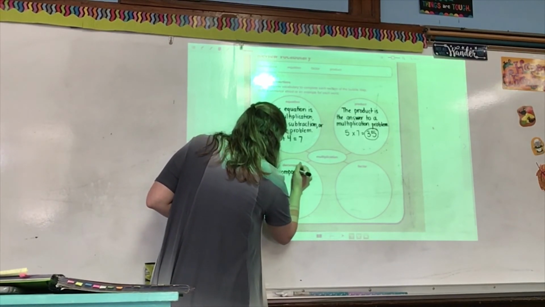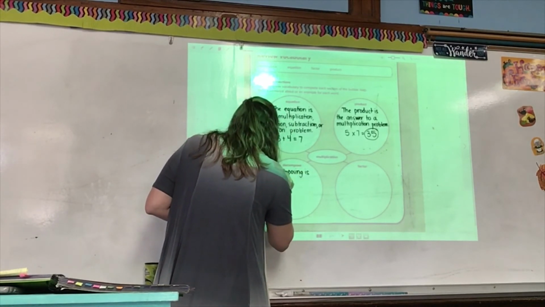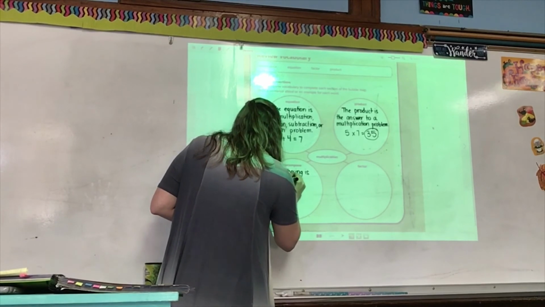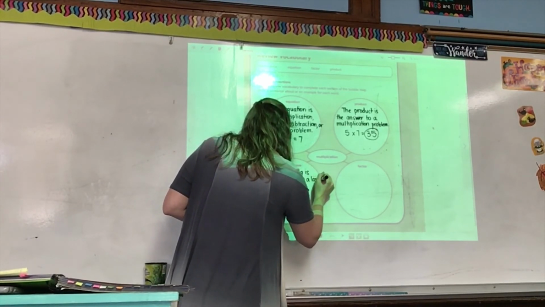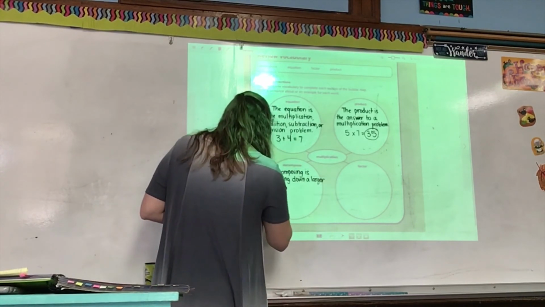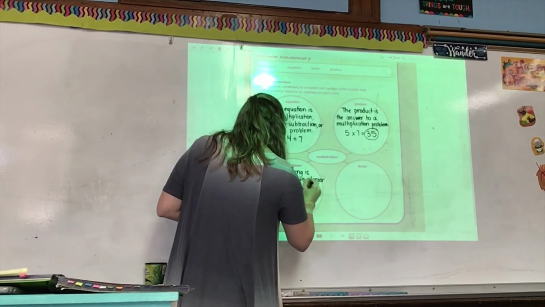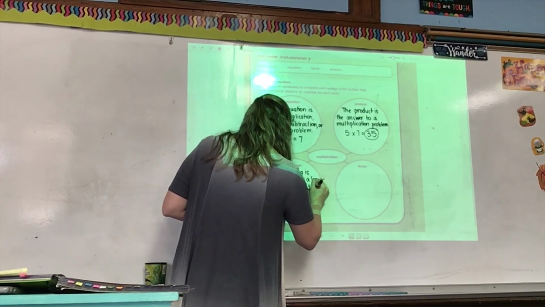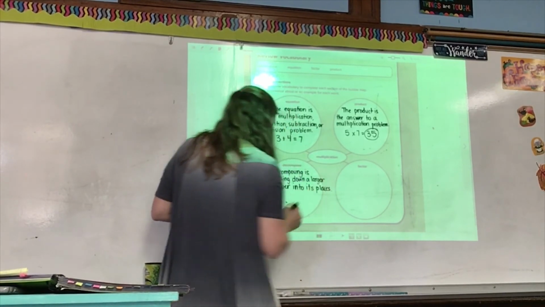Decomposing is breaking down a larger number into its places.